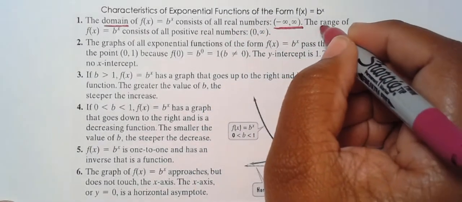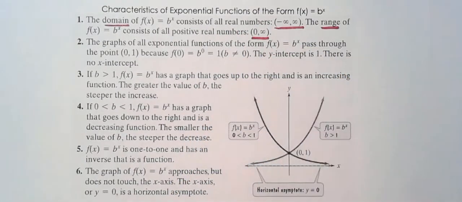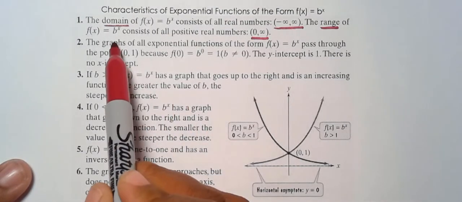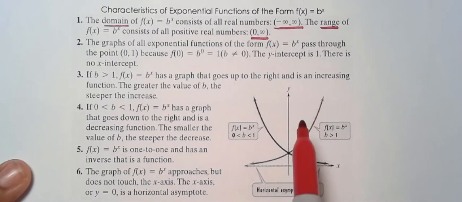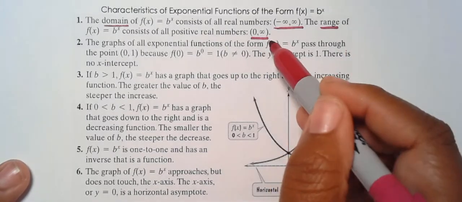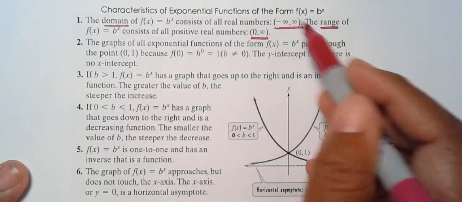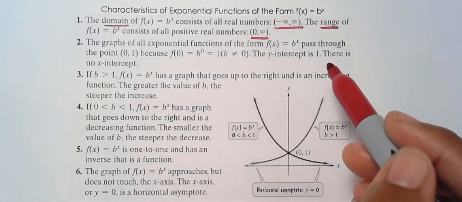The range would be from 0 to positive infinity. Now, this can change depending on how the exponential function is formatted, and then your range will be somewhat different, but the domain will always be from negative infinity to positive infinity.